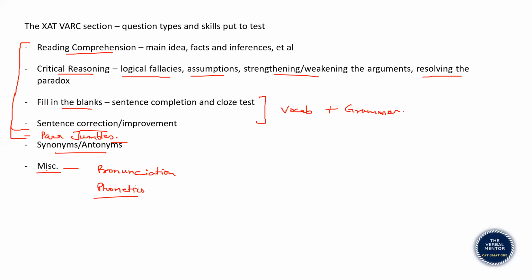When I say miscellaneous, I am talking of a very wide spectrum of questions here. But we don't have to bother much about this. If we practice the first four or five question types well enough, we should be good to go. We should be able to clear the cutoff conveniently.